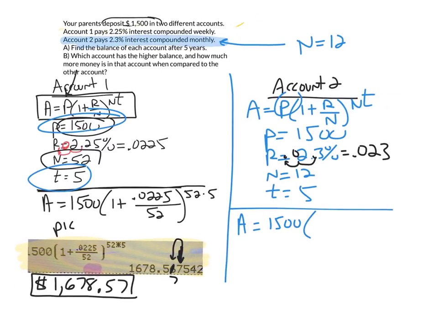So it's going to be 1 plus 0.023 over 12, close parentheses, raised to the n times t, which in this case is 12 times 5 power. Take a minute, type this expression into your calculator, and determine the balance if you use account number 2.